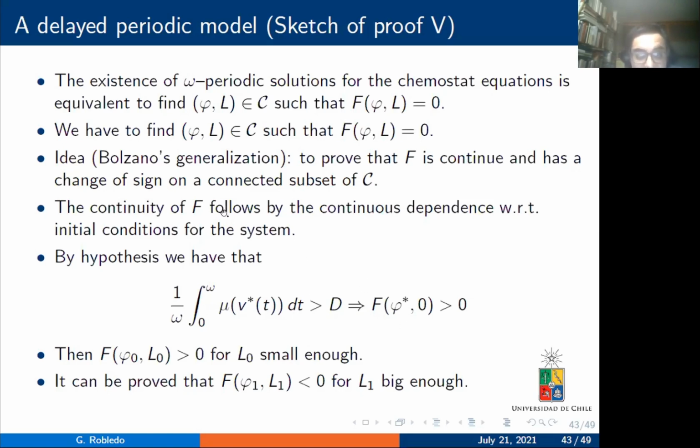So, as F is continuous, we can find functions close to phi star and L0 close to 0, such that this inequality is verified. We also can prove that if L1 is big enough, we can find also a phi1 such that we have the opposite sign for F.